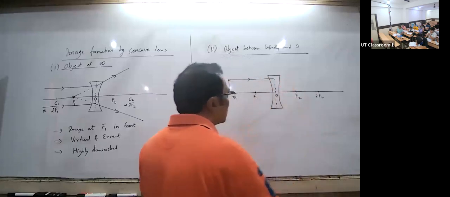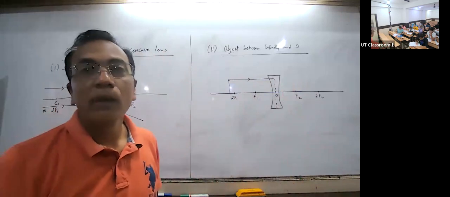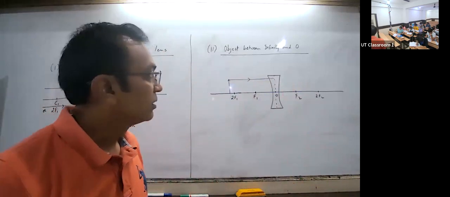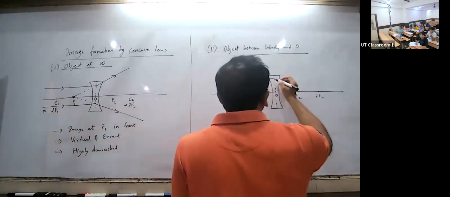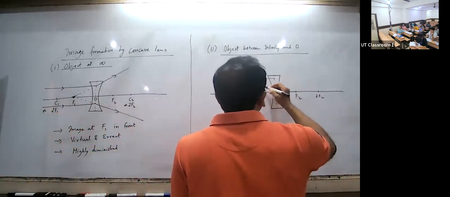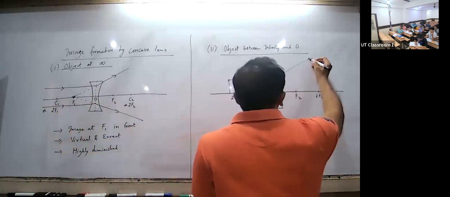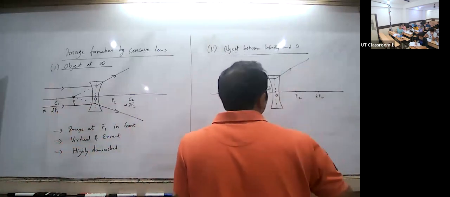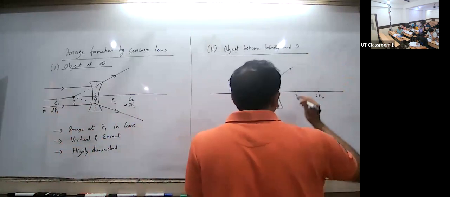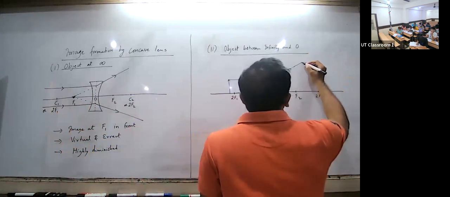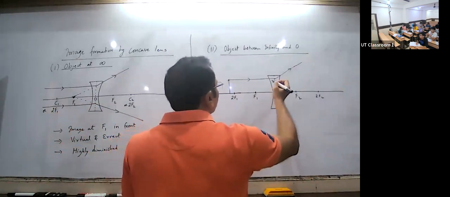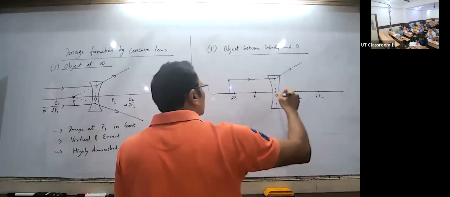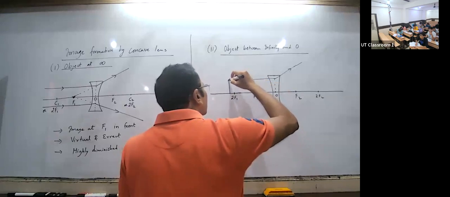So 2F can be also written as P, right? Yes. ठीक है. So अब इसका क्या होगा, it will go away from the focus. ठीक है, तो उसको एक्सटेंड करके पीछे ले आएंगे बाद में. दूसरा कहाँ से आएगा, O से आएगा.